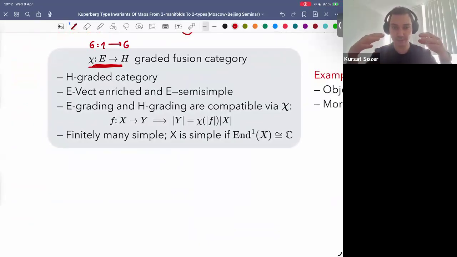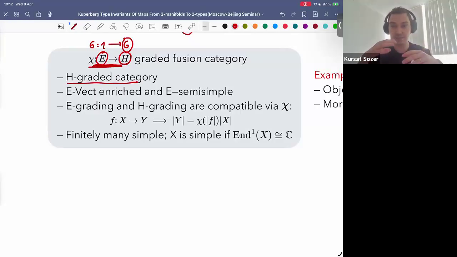So in the case of groups, it should reduce to the G-graded fusion category, G-fusion category. Remember there we have graded objects. So on the level of objects, we should grade them by H. The objects are graded by H, but now we have extra grading on the morphisms.